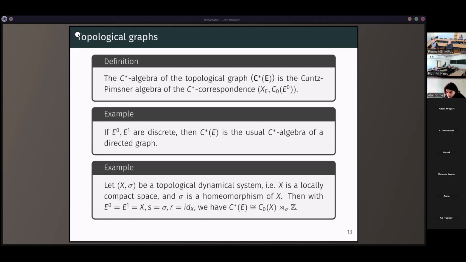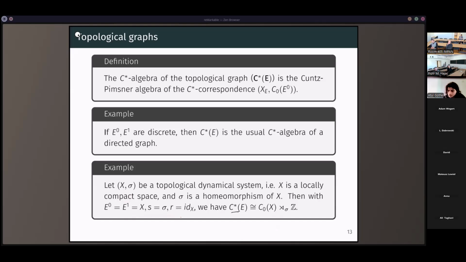Say now for the homeomorphism, we'll look at the other example. If X comma sigma is a topological dynamical system, that is, say X is a locally compact Hausdorff space, sigma is a homeomorphism, then again with the same topological graph, E0, E1 to be X, source to be sigma, and range to be the identity, we have that the C-star algebra corresponding to this is the usual crossed product C-star algebra or homeomorphism C-star algebra of this dynamical system.